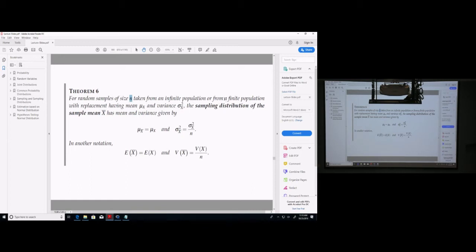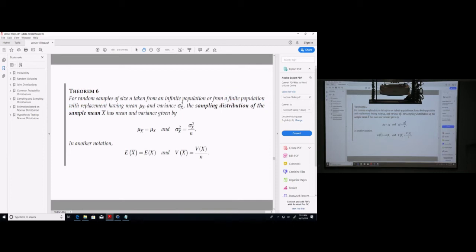Very often we are not going to replace the things we pick, but we assume the population, even though it's finite, is reasonably large compared to your sample size. Suppose your sample size is 1,000 but you are picking from 1,000,000. It is not going to make a big difference because it's unlikely that the same person is chosen again.